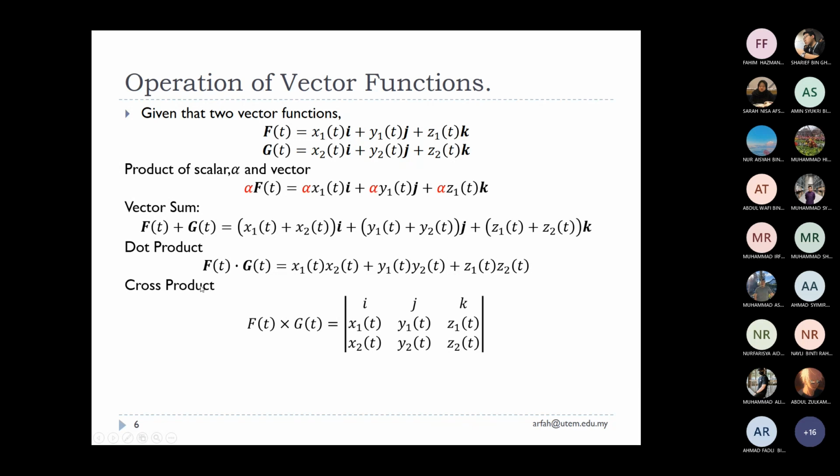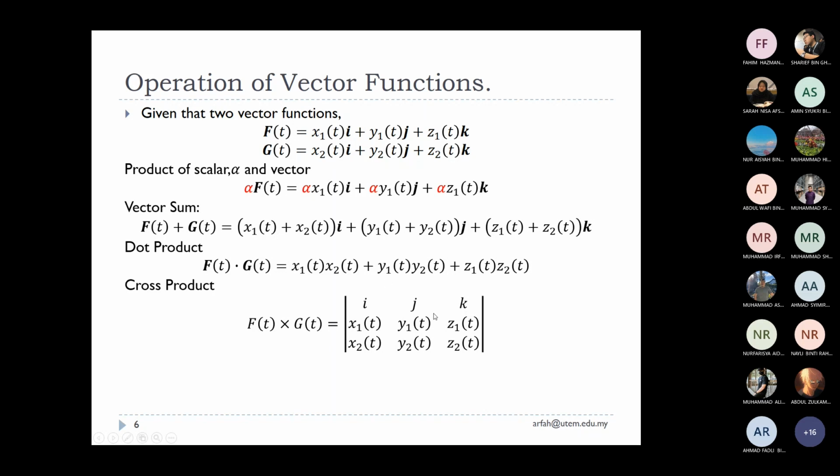Okay. So for the cross product of two vector functions, we will do separately for each component of i, j, and k, by which for the cross product, you have to do something like the determinant, and then close the column of i, multiply each component of j and k with cross multiplication.